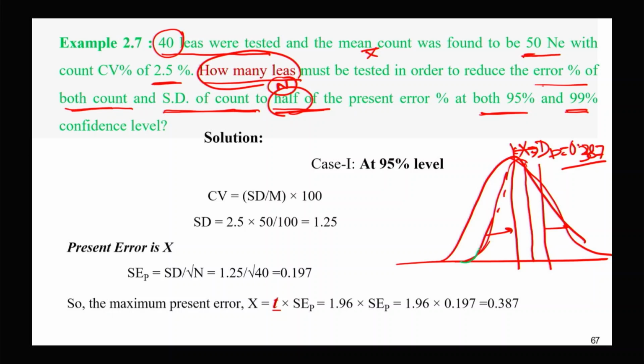The new normal distribution, the sampling distribution, will be like this, where the error x new is half of x present.